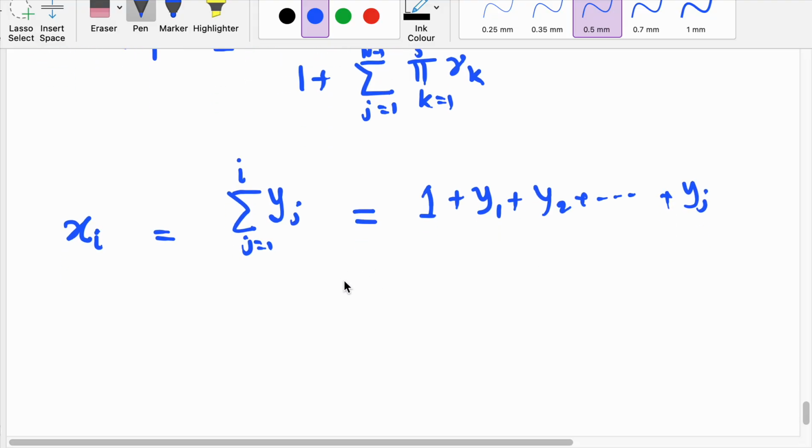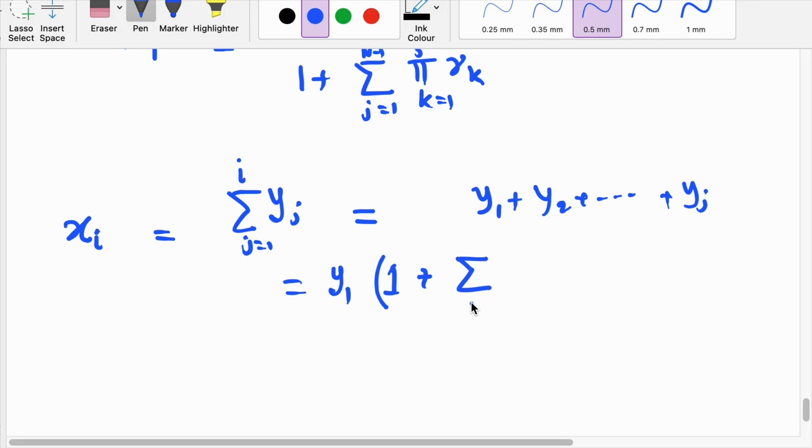Sorry, no 1 is there, it starts from y1. So if you take y1 common, you get 1 plus, and you can again write it in this way.